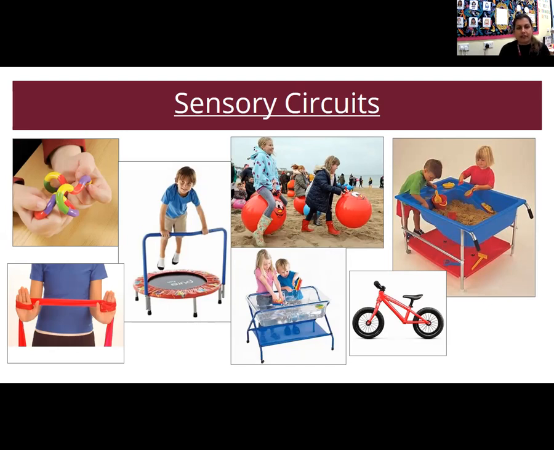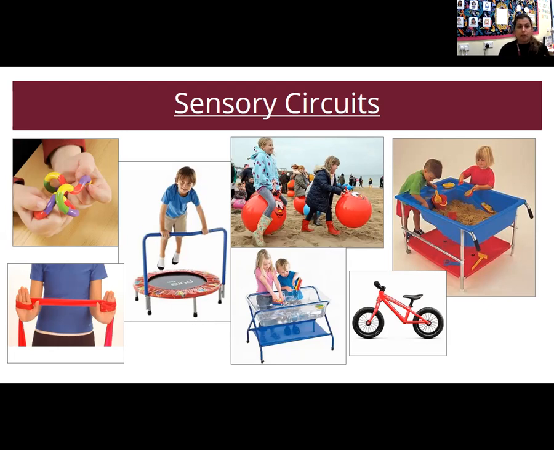We do also have Therabands, which you can see at the bottom left there. I've purchased Therabands for some children that find sitting on chairs super difficult. The Theraband is one that is all connected in a loop, so not like the one in the picture. We put that at the bottom of the chair, and then the child can actually move their feet either side of it, so they're getting that sensory feedback.